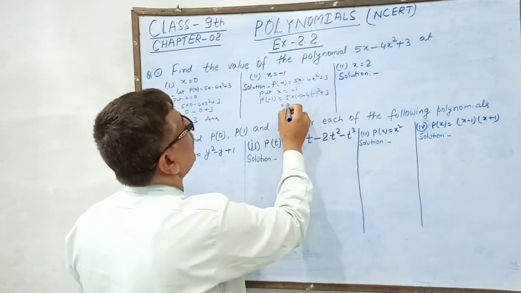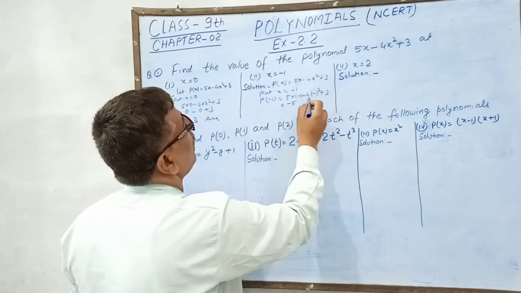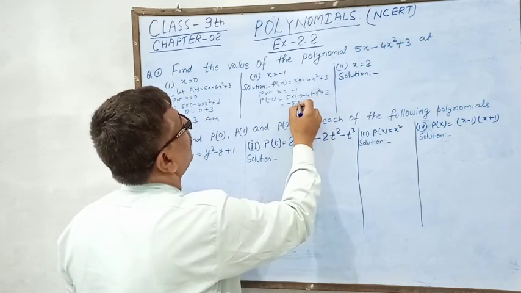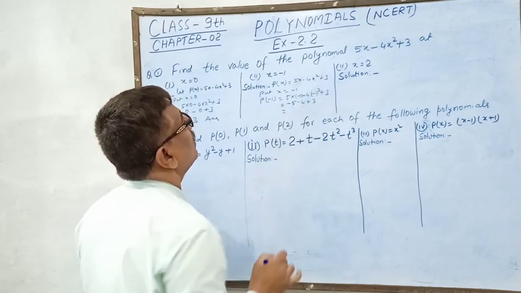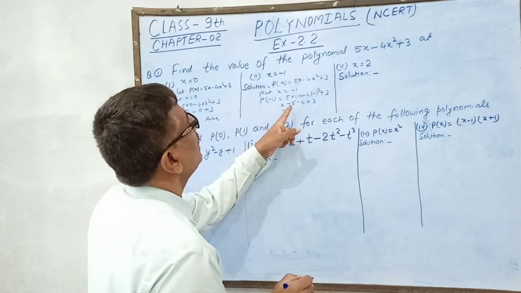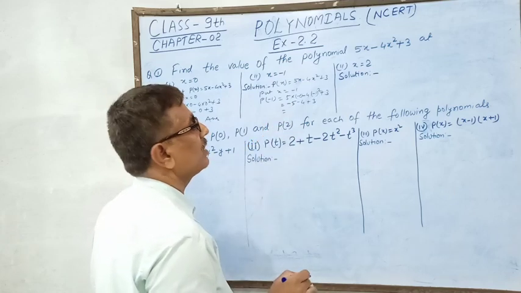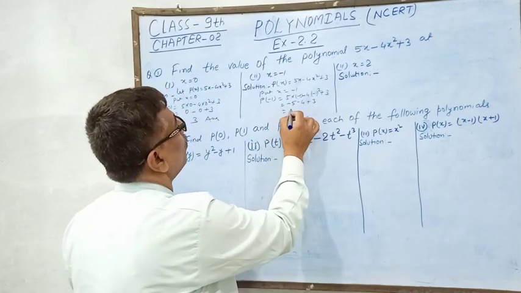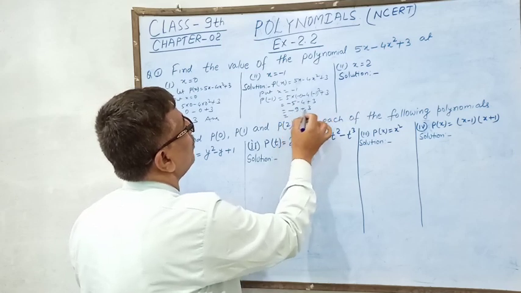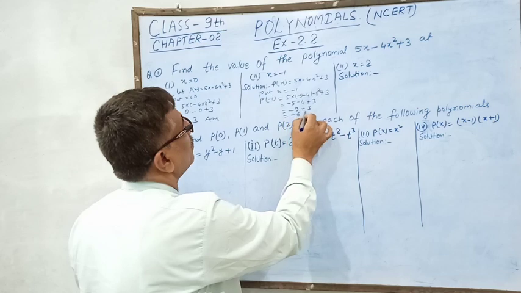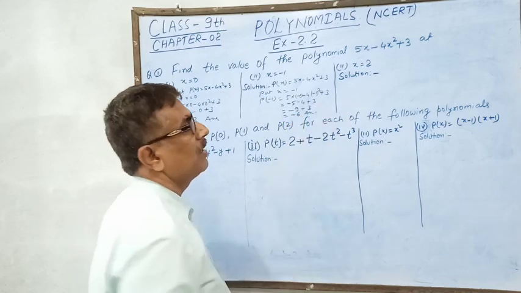So here minus 5 and minus 1 square 1, minus 4 plus 3. And you know the rule of the integers, minus 5 minus 4 minus 9, here plus 3, and you know minus 9 plus 3 क्या होता है minus 6. So this is the answer of the second.